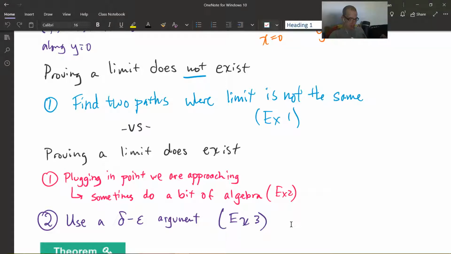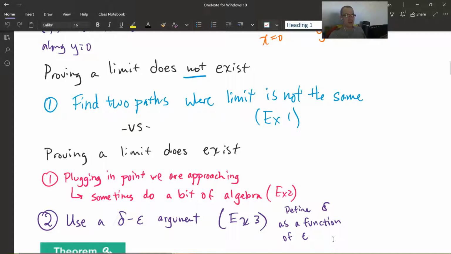So yeah, I guess you want to define delta as a function of epsilon, which seems backwards because delta is associated with the domain and epsilon is associated with the range.